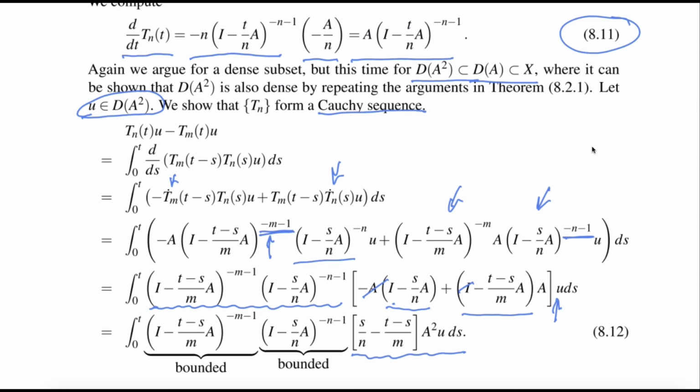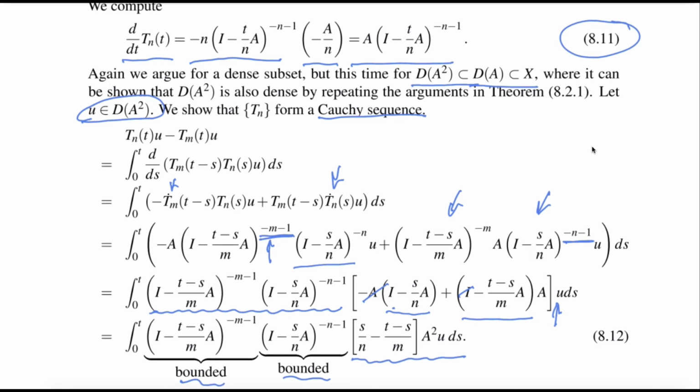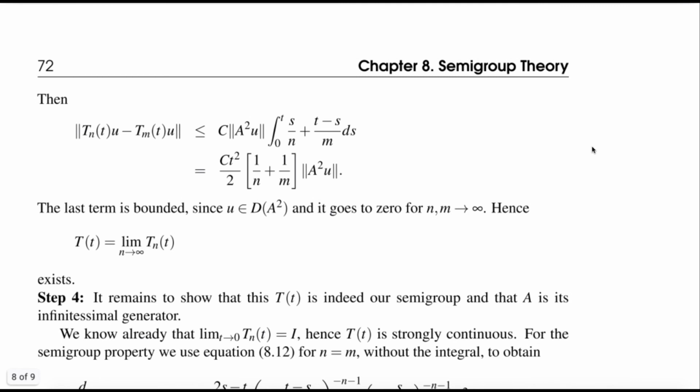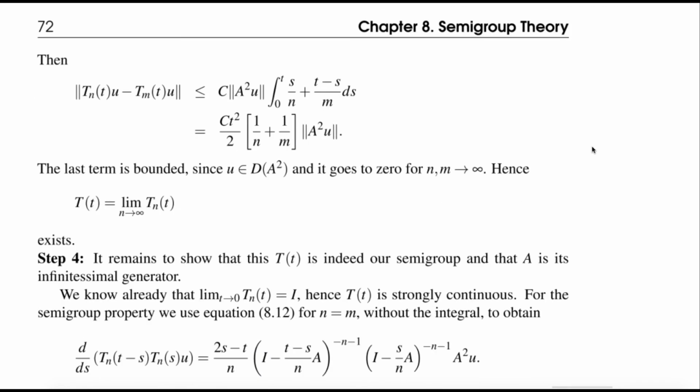Taking out the bounds, the two bounded bits, then we can integrate. This is just an easy integral on s. So let's just do that. And we integrate all this bit. And so this is basically (1/n + 1/m) times A squared u. And now as n or m go to infinity, this whole thing goes to 0. And we get Cauchy. Yoo-hoo!